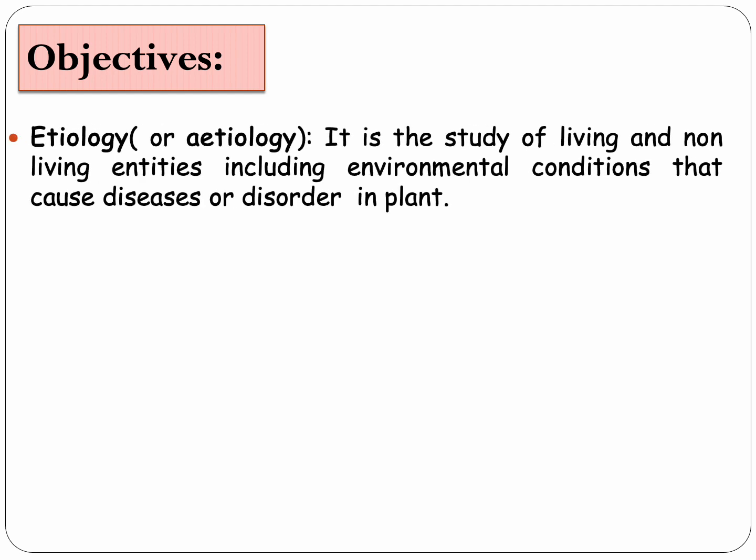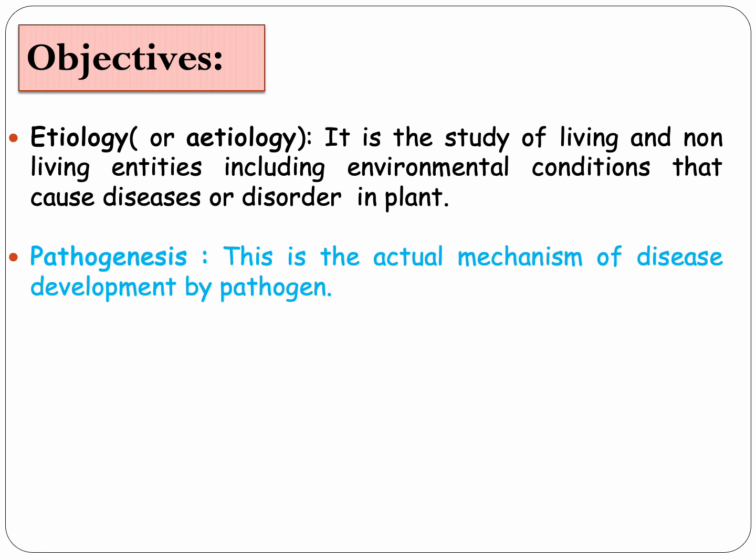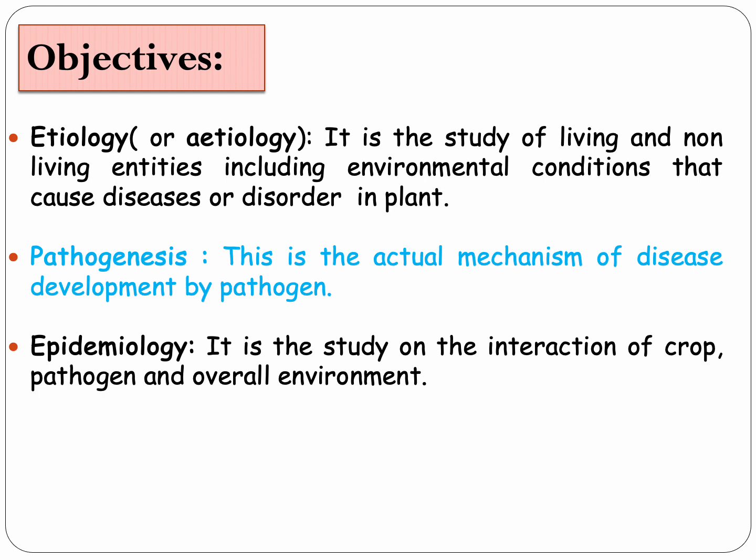The meaning of the first objective, etiology: it is the study of the living or non-living entities, including environmental conditions, that cause diseases or disorders in a particular plant, followed by pathogenesis. This is the actual mechanism of disease development by a particular pathogen on a particular host, that is the crop, followed by epidemiology.